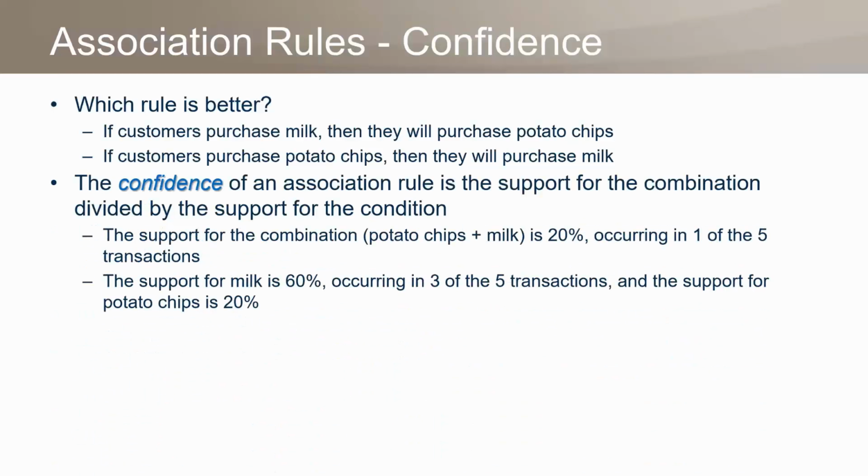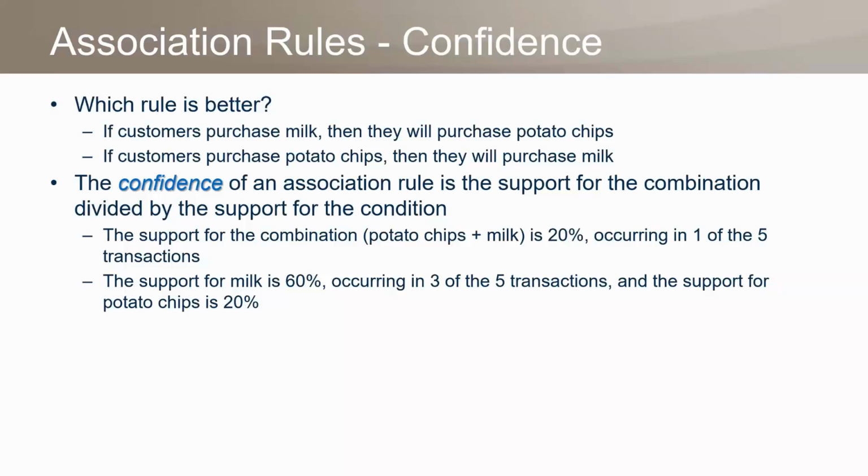How can we quantify this? We can calculate the confidence. Confidence is the support for the combination, for the item set, divided by the support for the condition. Combination support is 20% or 0.2, 1 of 5 transactions. For the rule, if customers purchase milk, support for the condition is 0.6. Milk is in 3 of 5 transactions.